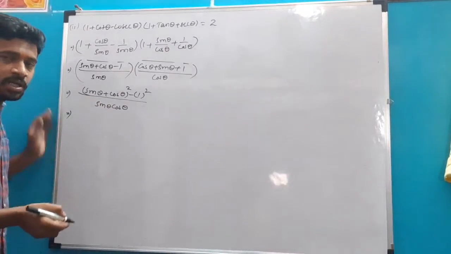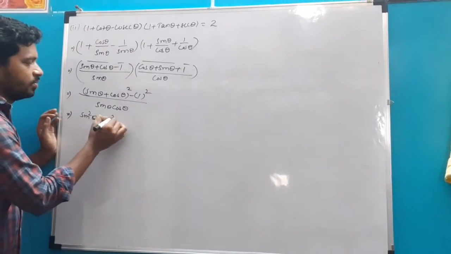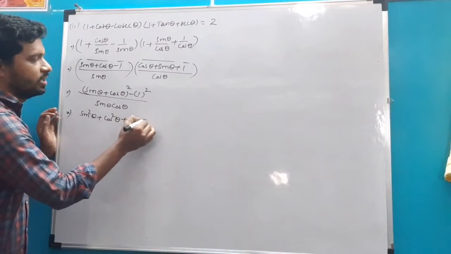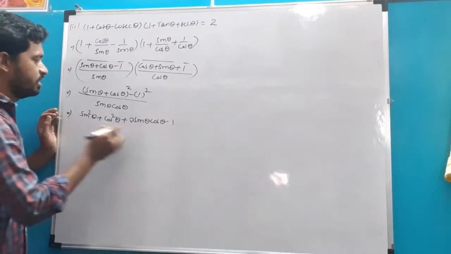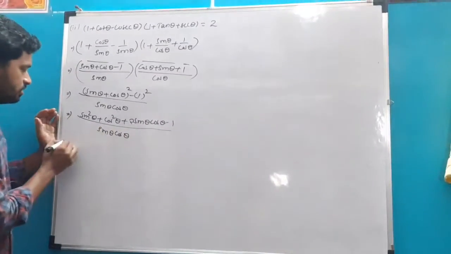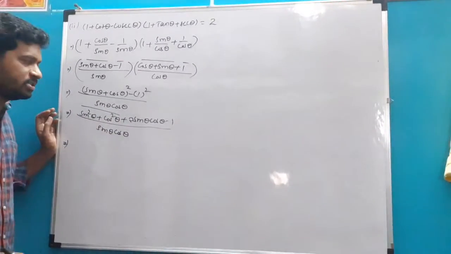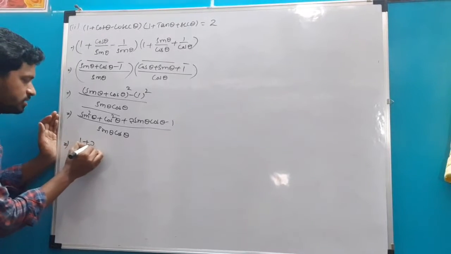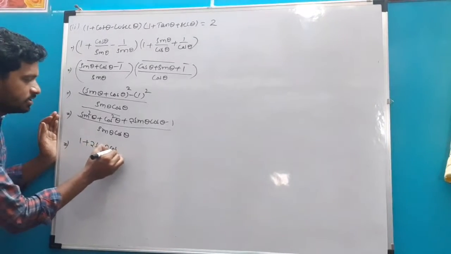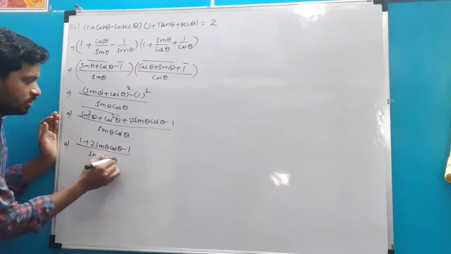So expanding the a plus b whole square formula: a square plus b square plus 2ab, minus 1 by sin theta into cos theta. So what is the value of sin square theta plus cos square theta? It is equal to 1. So 1 plus 2 sin theta cos theta minus 1 by sin theta into cos theta.